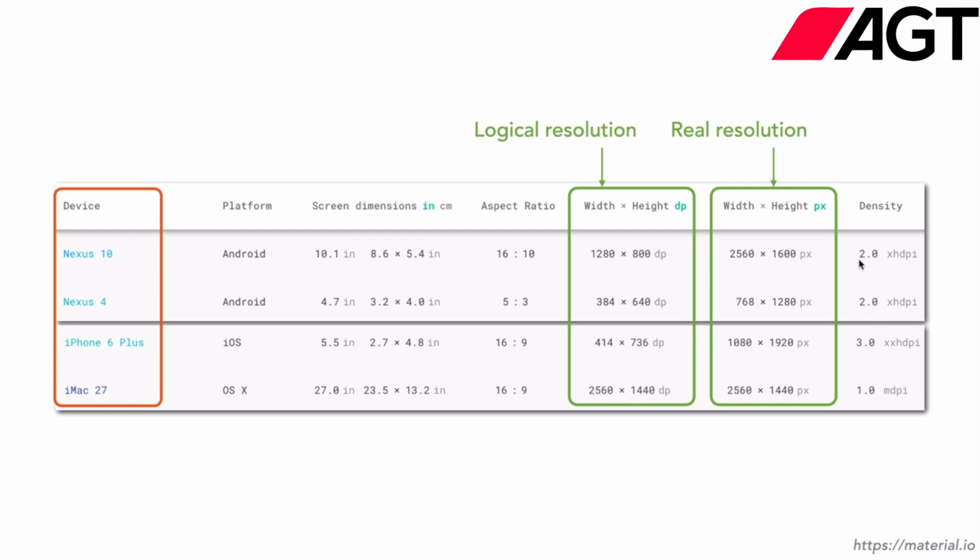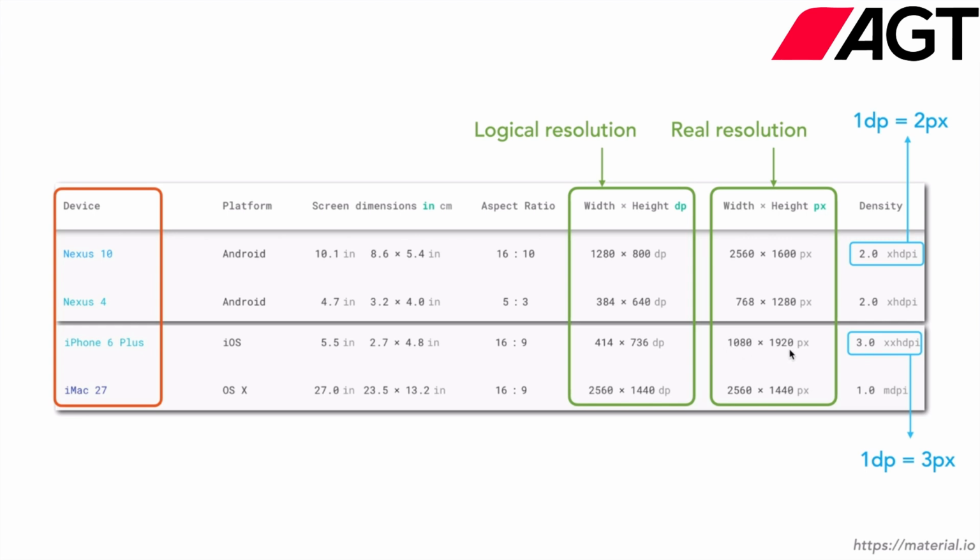So which means we have a density of 2 pixels per 1 dp or 1 logical pixel. Similarly for iPhone 6 Plus, you have 3 pixels for 1 logical pixel or 1 dp.